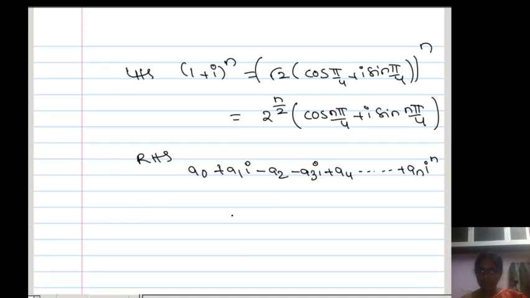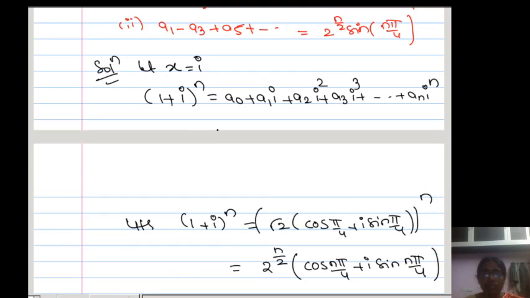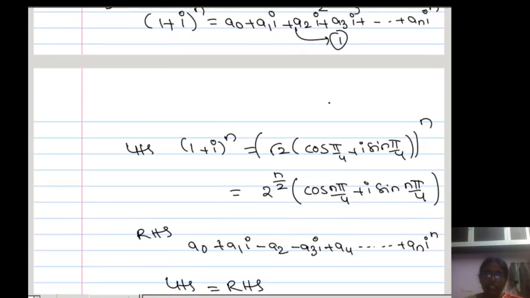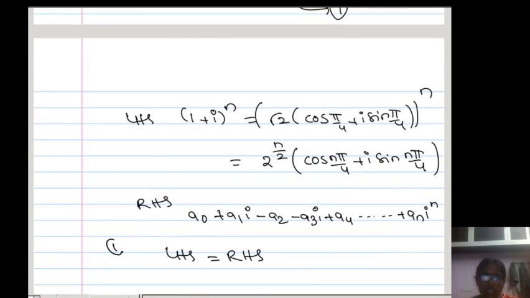Now you can observe that LHS is equal to RHS. If I write this as equation 1, from equation 1, I am simplifying LHS like this and RHS like that.